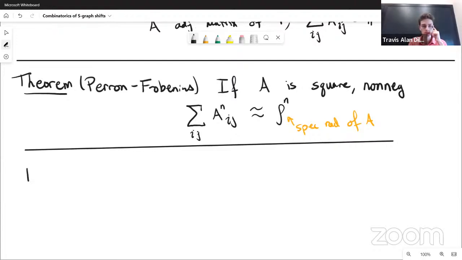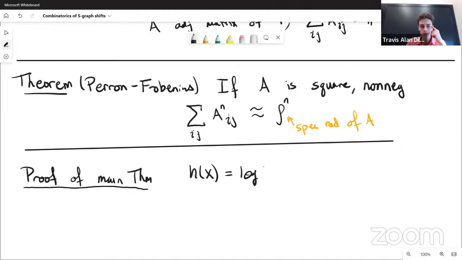So, say, proof of the main theorem. Right, so we know that h of x is log of the inverse of lambda, where lambda is the radius of convergence of, well, if we put the first two lemmas together, we get that it's the radius of convergence of this power series.